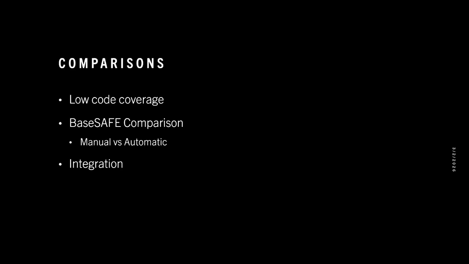The authors decided instead to compare FirmWire with Base Safe. They found that creating manual harnesses for Base Safe to run the fuzzing resulted in fewer code blocks being executed than with FirmWire.